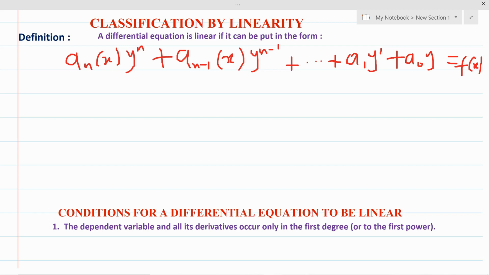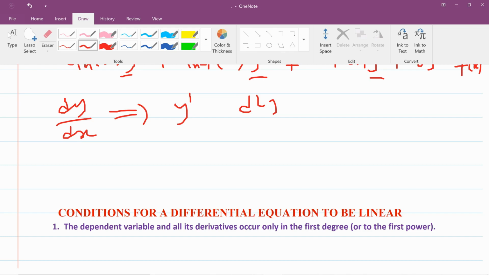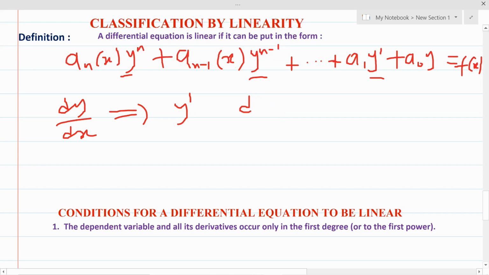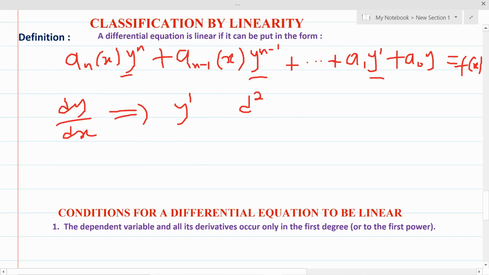So before an example, let me explain these terms. Another way of writing dy dx is y prime, and d squared y dx squared implies y prime prime.